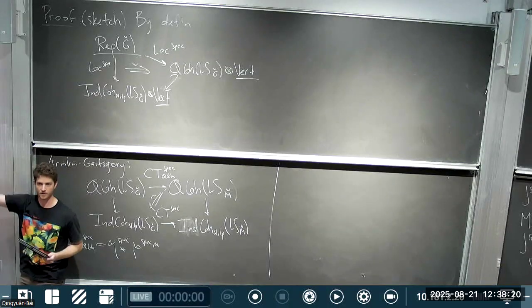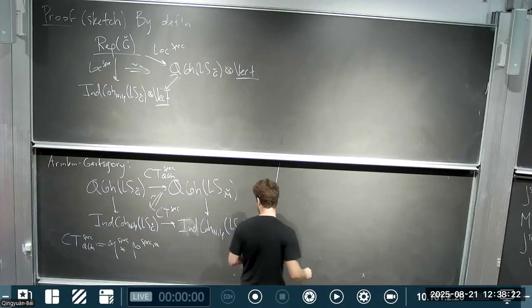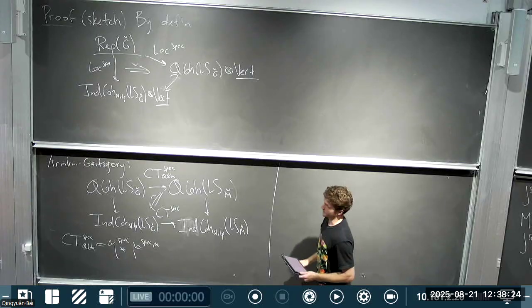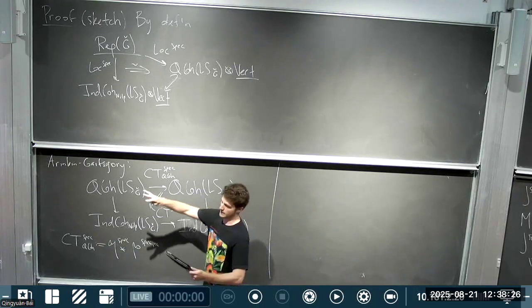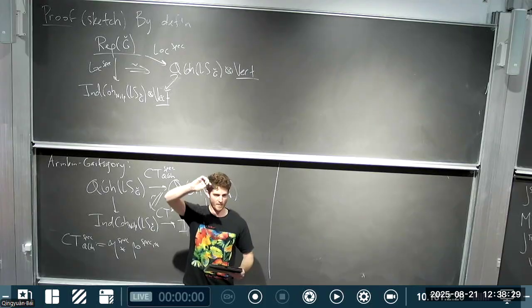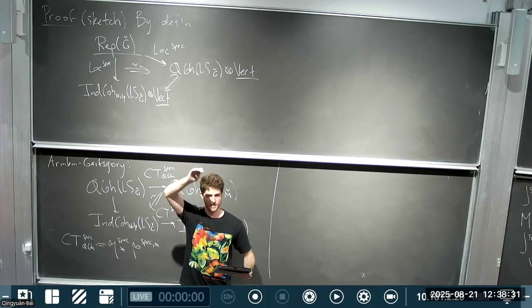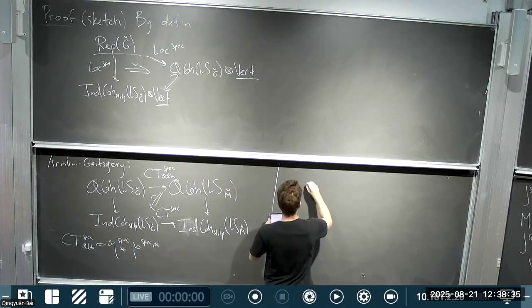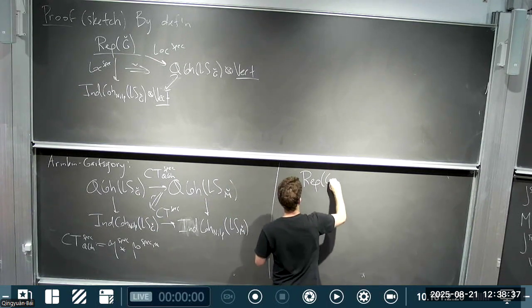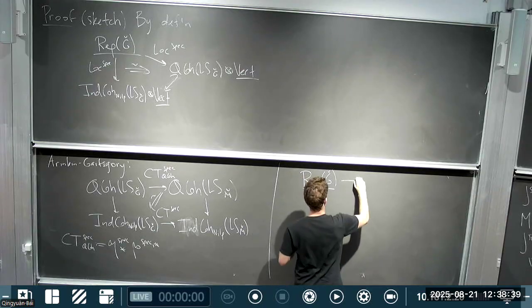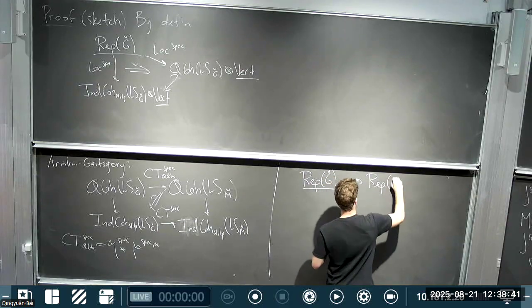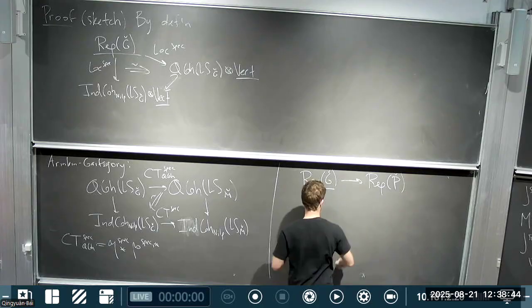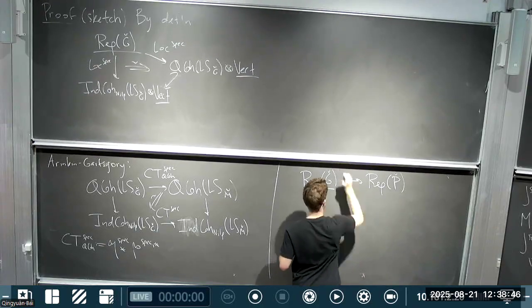Agreed? Okay. So now I'm going to decompose that square into two squares. Remember, when I do constant term, first I go from G to P, and then I go from P to M. So I'll analyze each of those operations separately. The first one is the easy part, because this is just restriction.